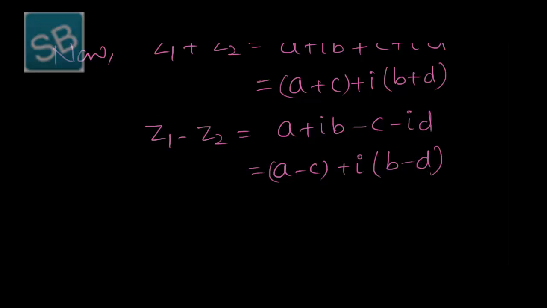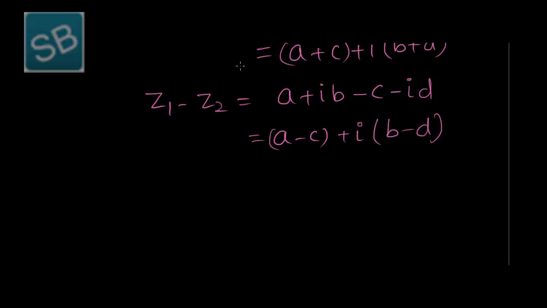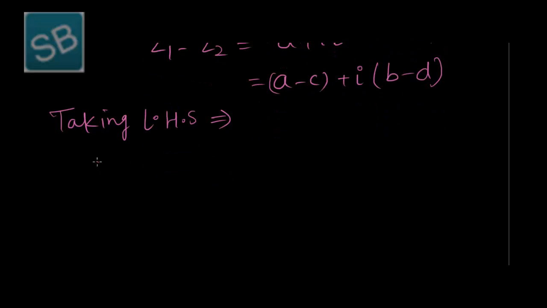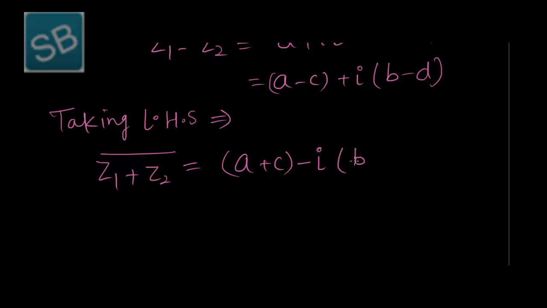Now we have to prove this sum whole bar. Now taking the left hand side, we get z1 plus z2 whole bar. That becomes a plus c, changing iota to minus iota, b plus d.